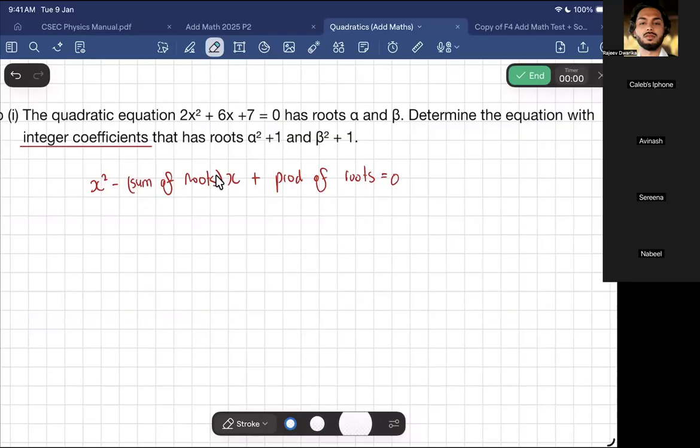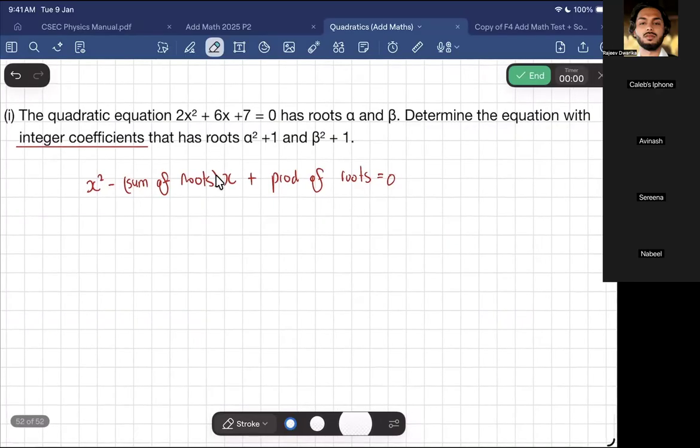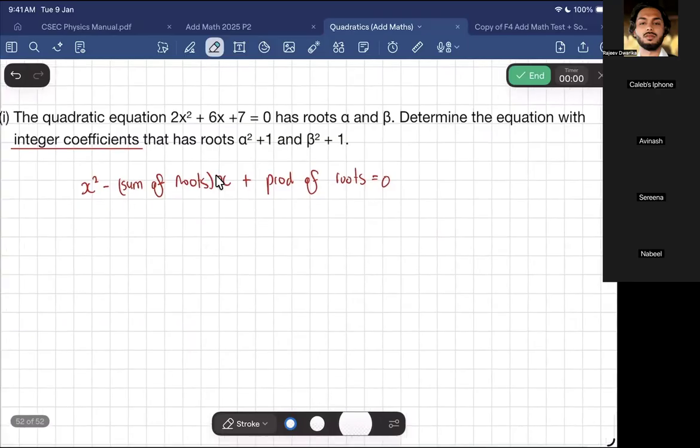Let me see what's going on. Yes, I got it. So for the product, right. Great. That looks correct. Yeah, that's correct. And now you could just plug everything in and solve. You know what to do next.